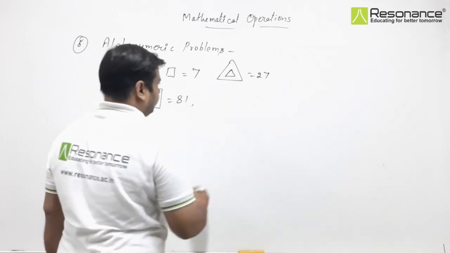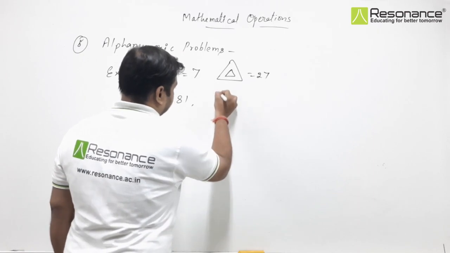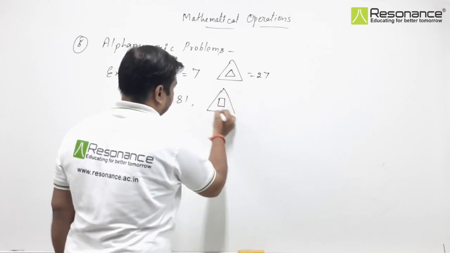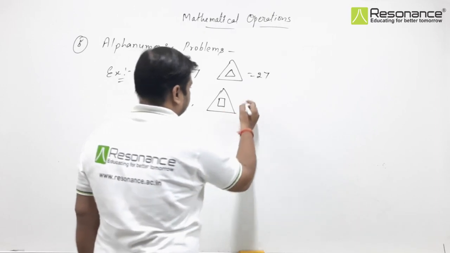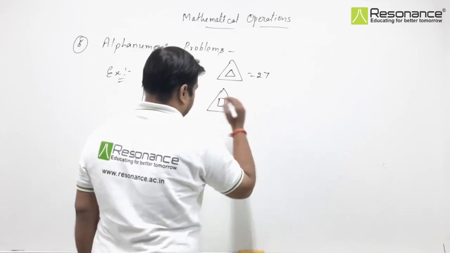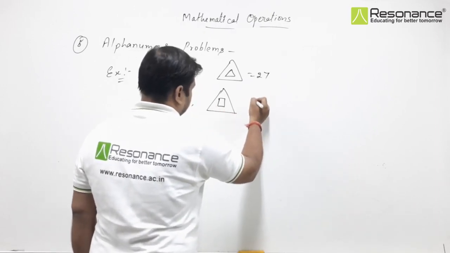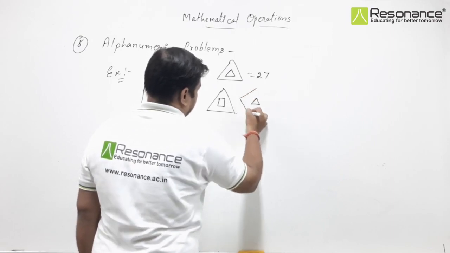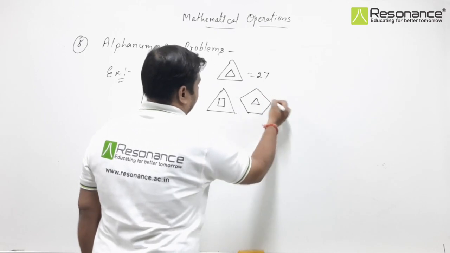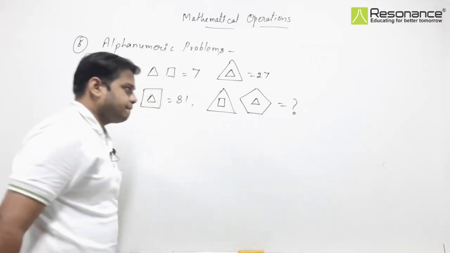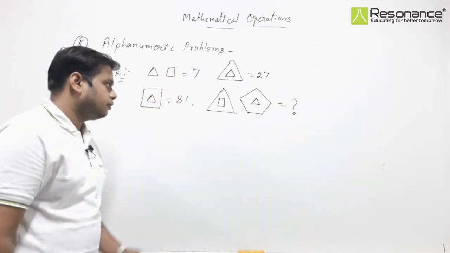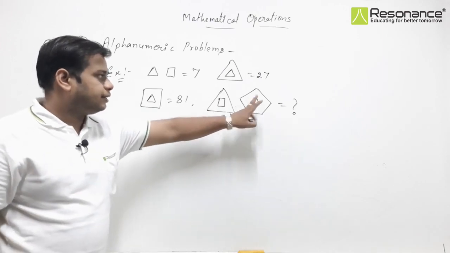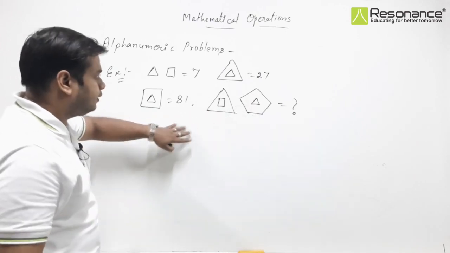So we have to find square over triangle over square, plus pentagon over triangle, and we have to find the value of this.